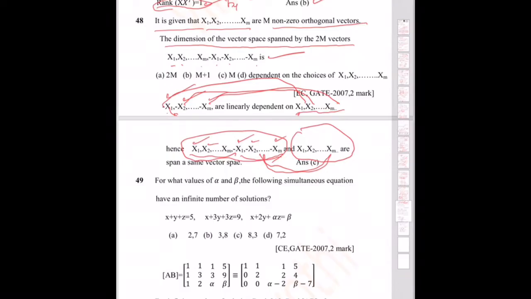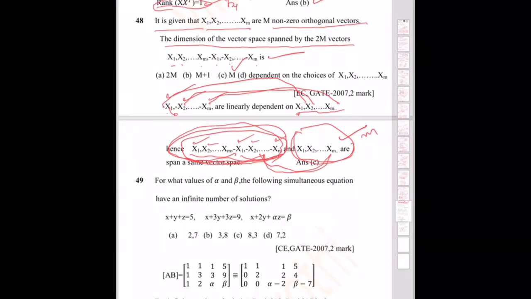The dimension of the space spanned by the 2m vectors is, the answer is C, that is M. This dimension is M, hence this dimension is also equal to M.